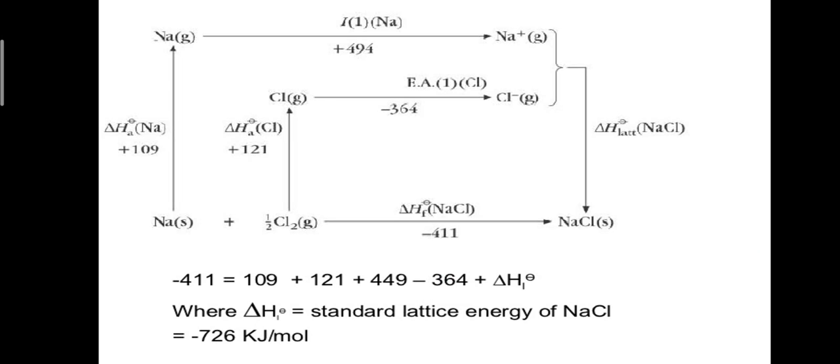According to Hess's law, the sum of all the 5 steps leads to the heat of formation of NaCl, that is, we are doing the heat of formation of sodium chloride.